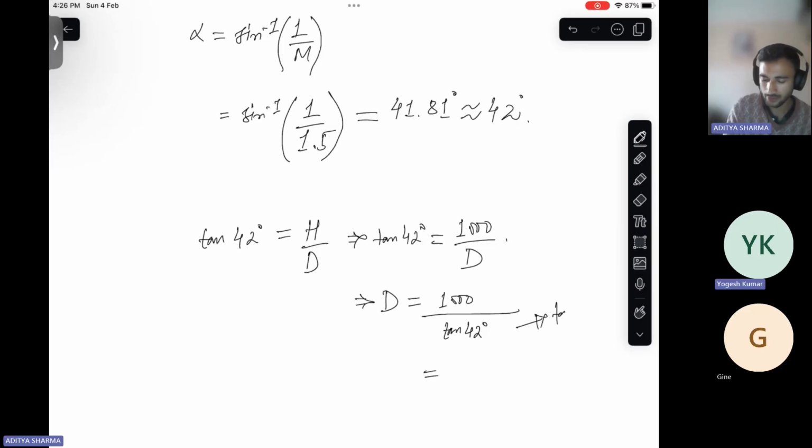Tan 42 is 0.9, so tan 42 will be less than 1. If the denominator is less than 1, then d has to be greater than 1000, because when the denominator is less than 1, the value increases from its current value.